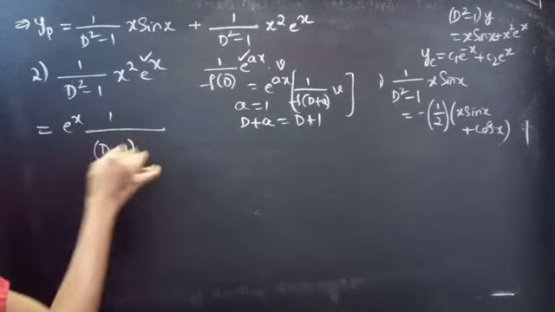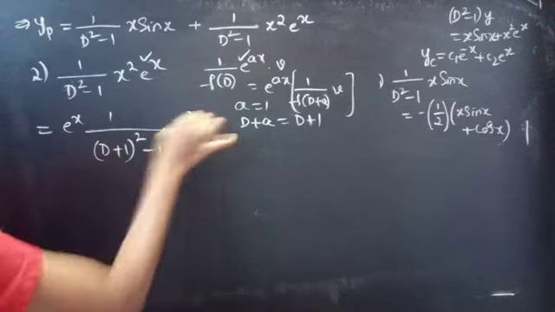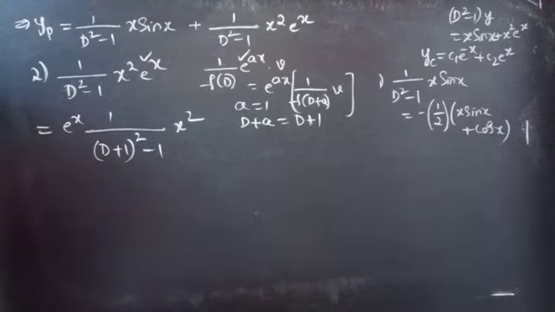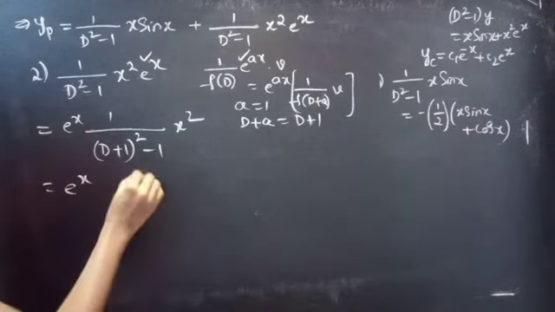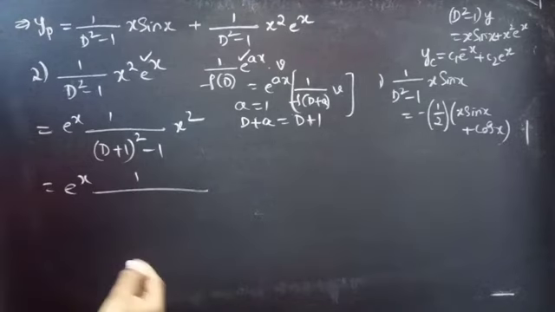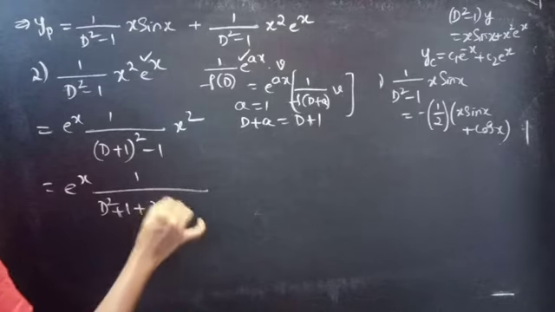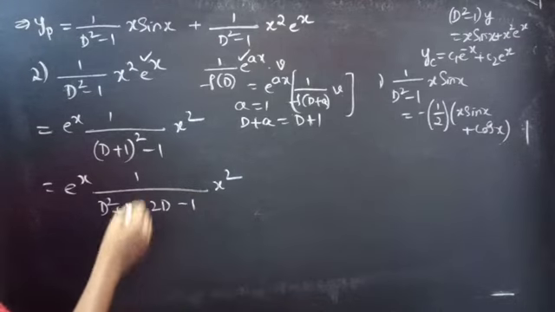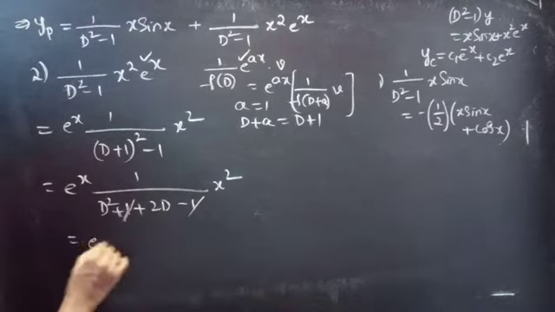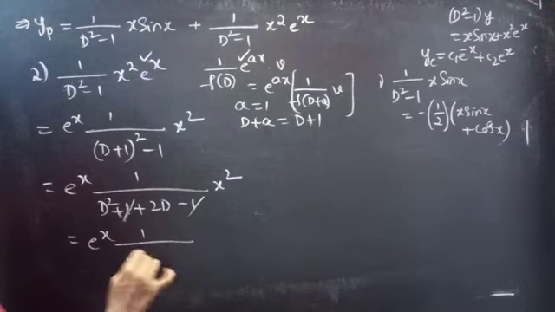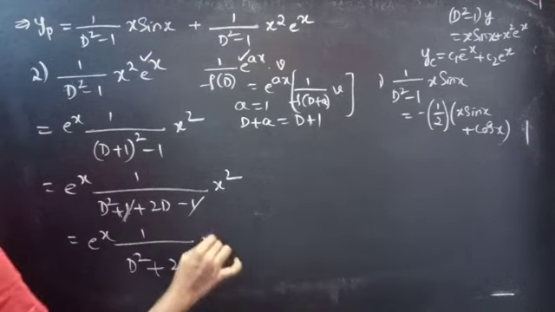We'll get D plus 1 whole square minus 1 into x square, which is equal to e power x into 1 by, expanding D plus 1 whole square using the a plus b whole square formula, we'll get D square plus 1 plus 2D minus 1 into x square. Here plus 1 minus 1 gets cancelled, and this is equal to e power x into 1 by D square plus 2D into x square.